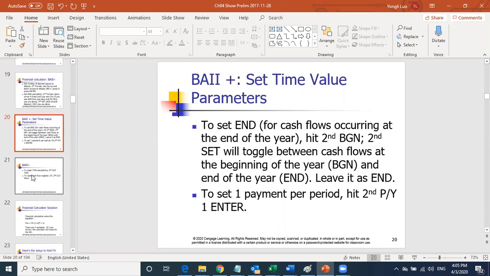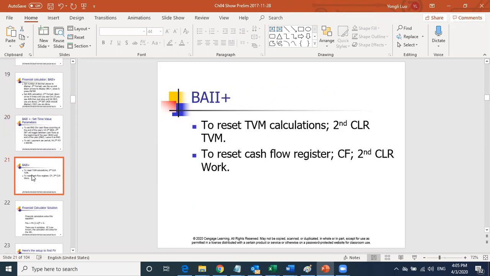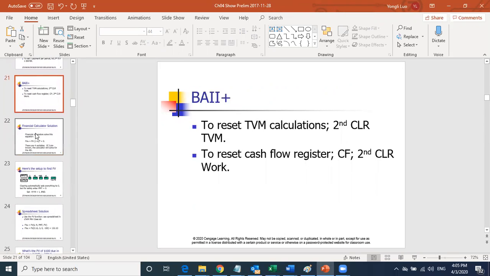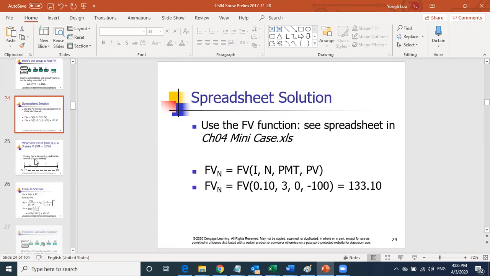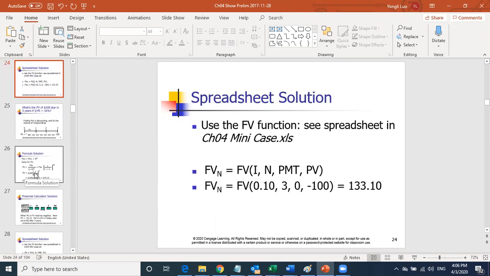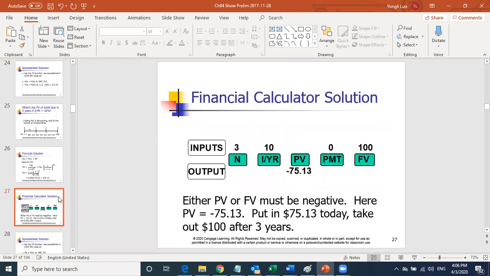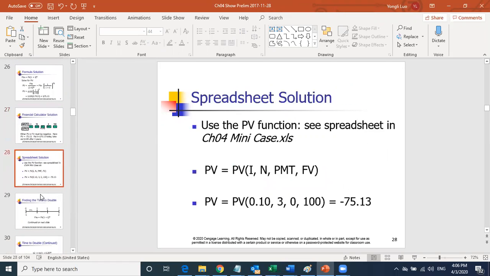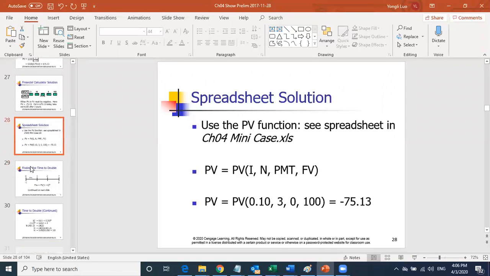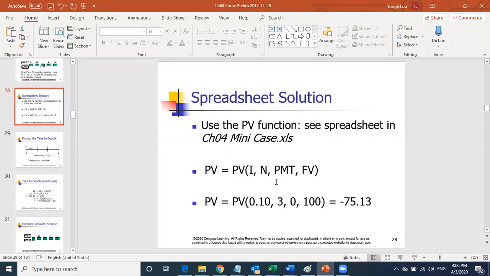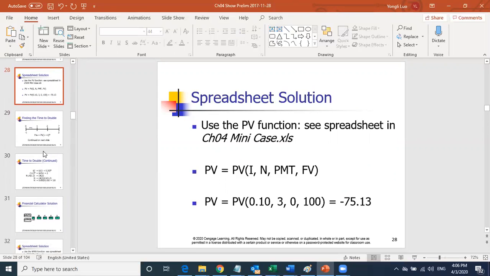But I think Excel can handle everything. It's pretty convenient, so you can use Excel. Next, we talk about the present value.